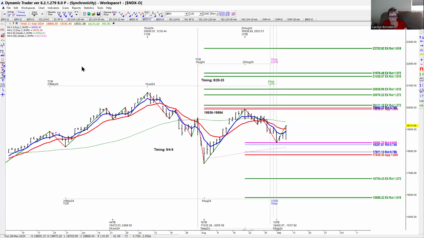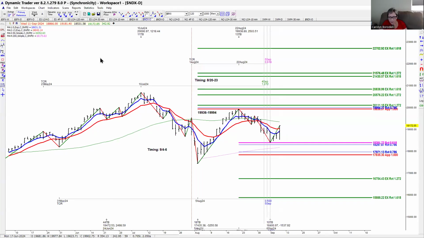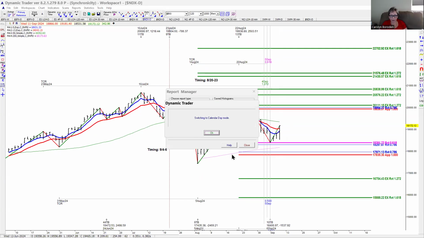Let me see if this was where I projected from, or was it from here? I used one of these highs, so let's see where it came in. From here to there, like 9. So I'm going to go reports, dynamic time projection, make a new report.